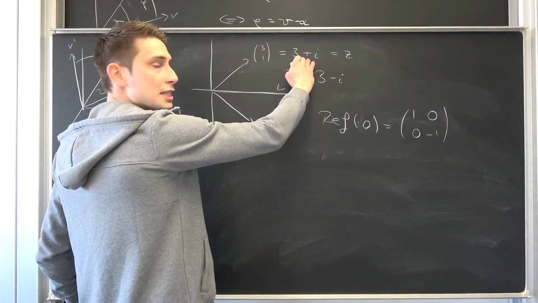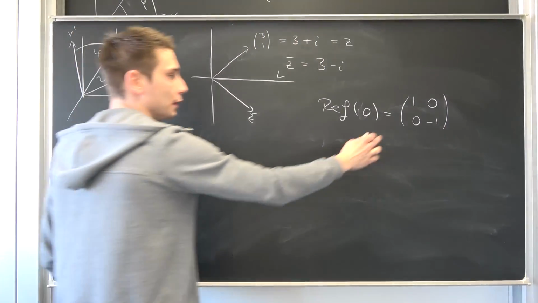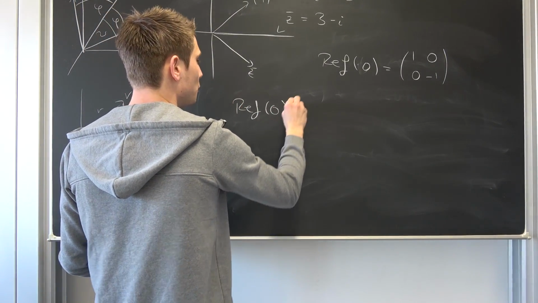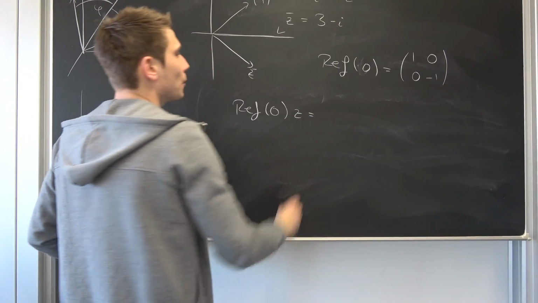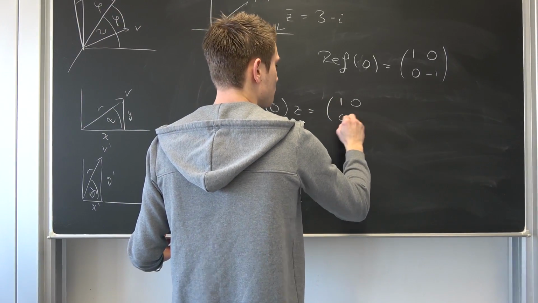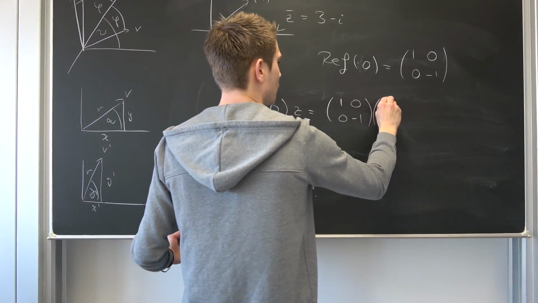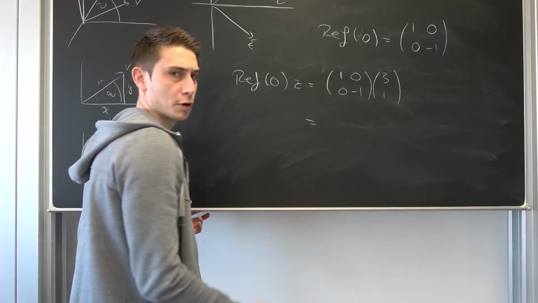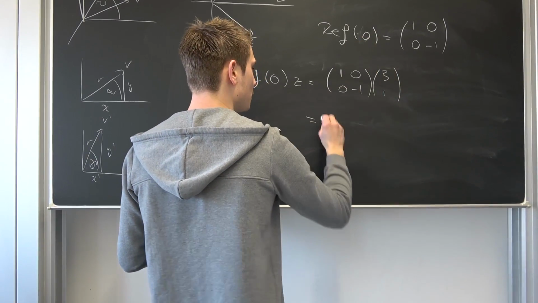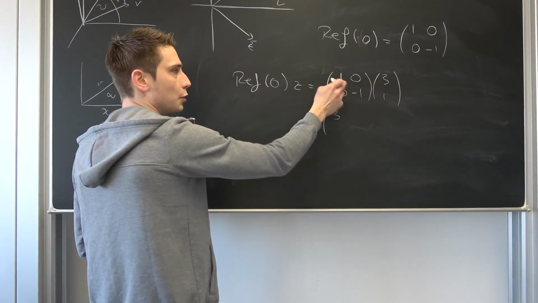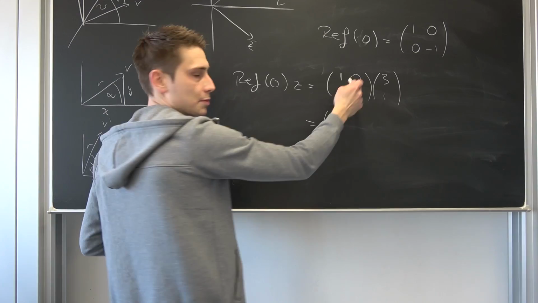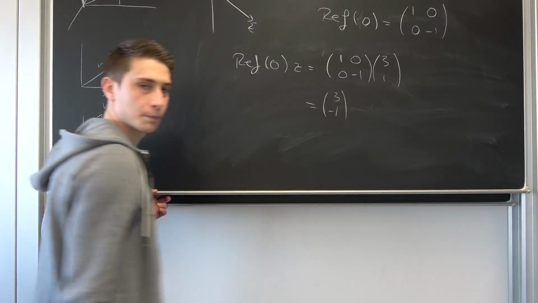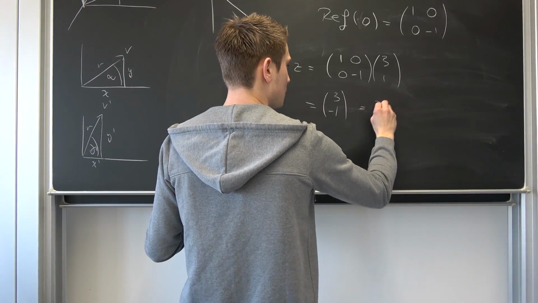If we apply this complex number to this reflection matrix, so reflection of 0 times our z, we're going to get 1, 0, 0, negative 1, times 3, 1. If we multiply this together, we are going to get 3 up here, so 3 times 1 plus 1 times 0 is going to be 3. Down here, we are going to get negative 1. And this is exactly our complex conjugate.